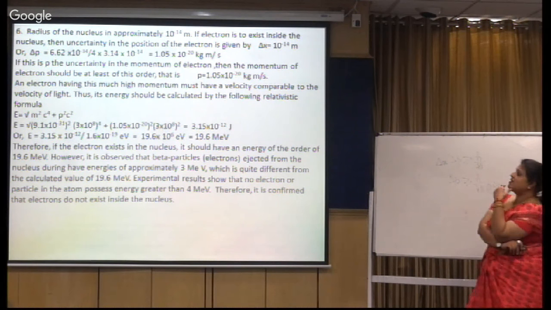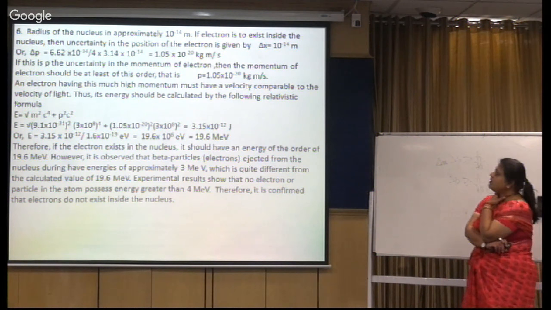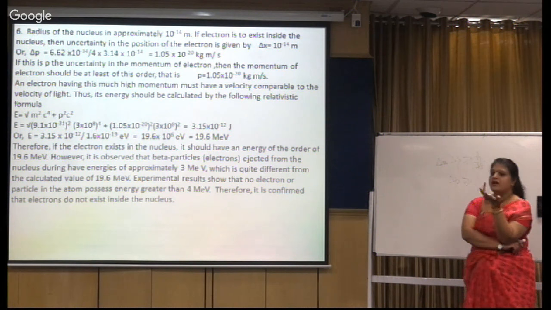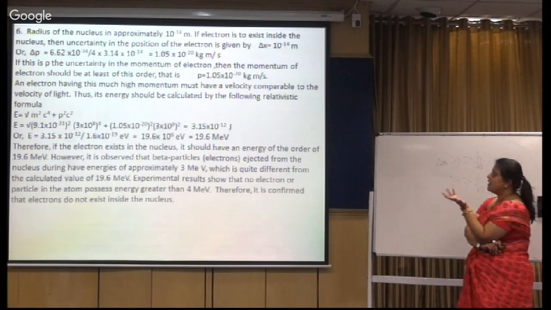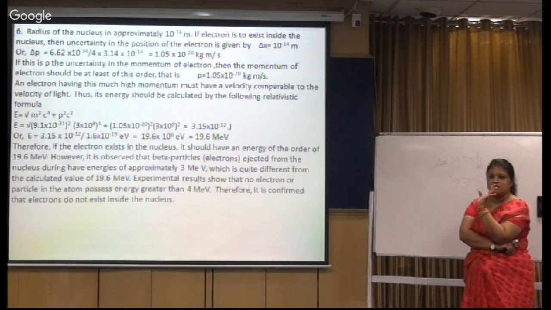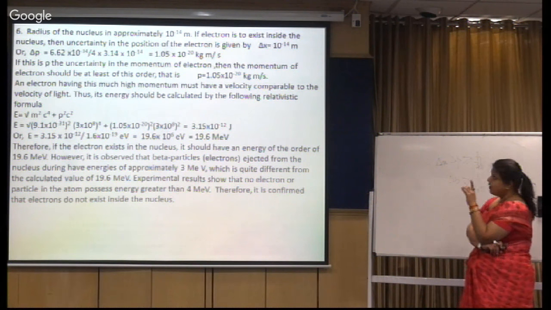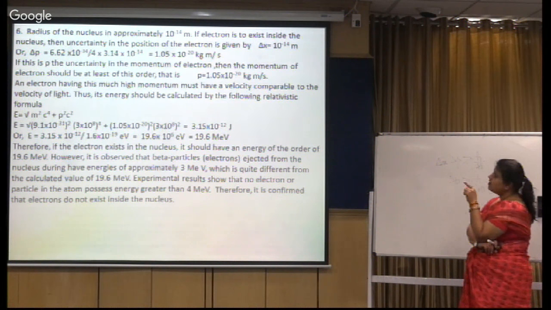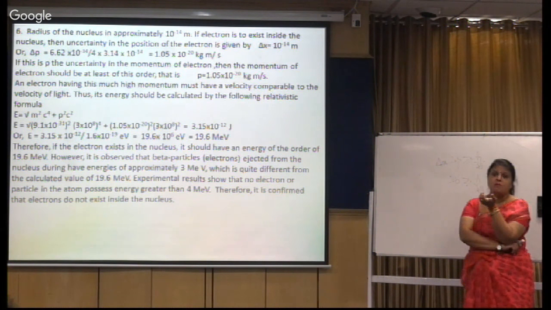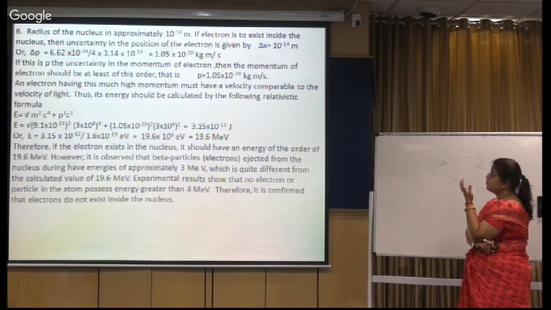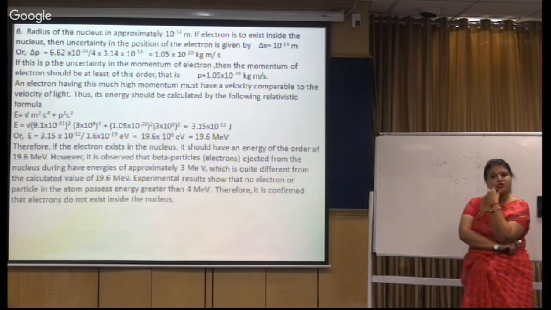That means uncertainty in momentum becomes of the order of 10 to the power minus 20 kg meter per second. If p is the uncertainty in momentum of the electron, then the momentum of the electron should at least be of a similar order. And energy can also be calculated.